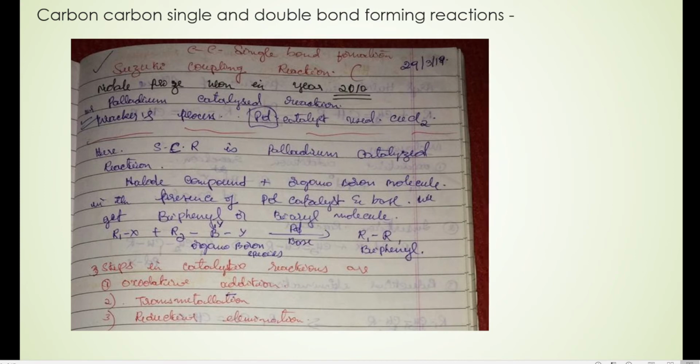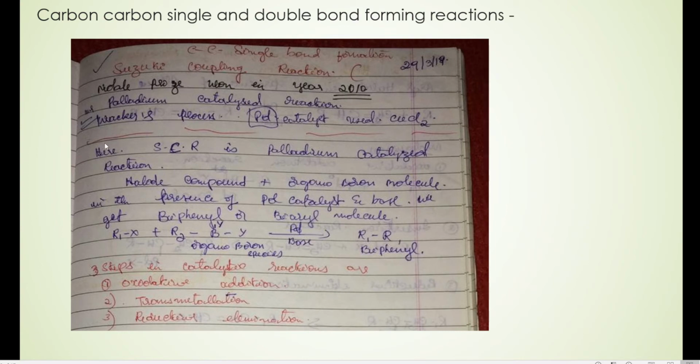Okay, so to begin with, the first example of a carbon-carbon single bond forming reaction is the Suzuki coupling reaction. This reaction won the Nobel Prize in 2010. What happens in the Suzuki coupling reaction is that we use palladium as a catalyst.